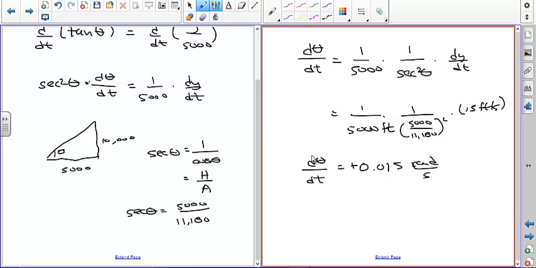So again, it's all the same thing. We figure out a geometric relationship. We've used the Pythagorean theorem. We've used the equations for volumes and areas. We've used similar triangles. We've used the definition of the tangent. And so once you get your geometric relationship, you take the derivative of that with respect to time.